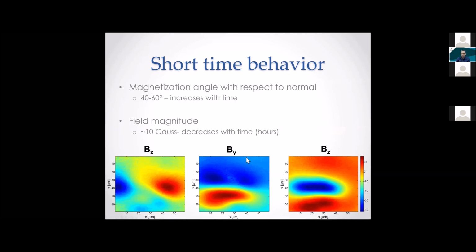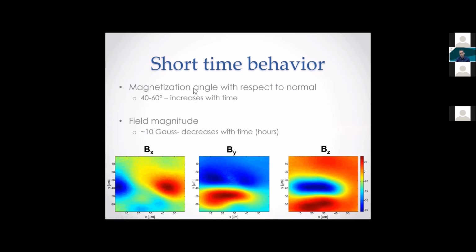And if we start with the short time behavior, here I'm plotting the measured stray fields in all 3 vectorial orientations. And by comparing these to the simulations, as I've shown earlier, we can see that the field amplitude that we're measuring is approximately 10 Gauss, which decreases over time, as we've seen before, on the scale of hours.